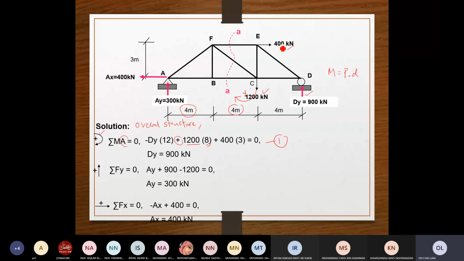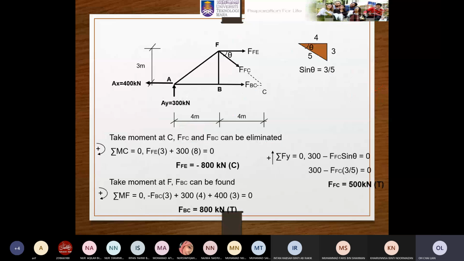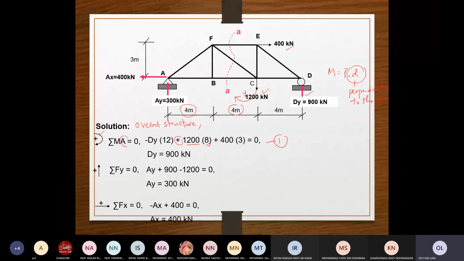Let's move to 400. For this distance, just to remind you, it shall be perpendicular to the force. Maybe you can check, if you have forgotten about this.